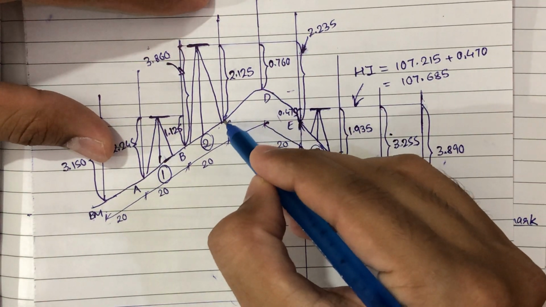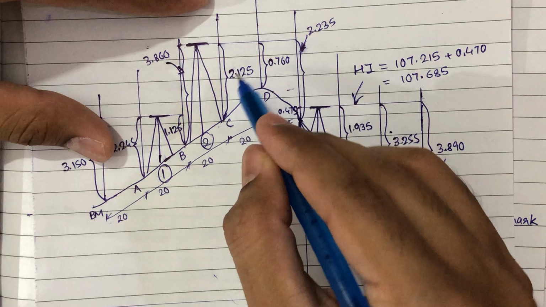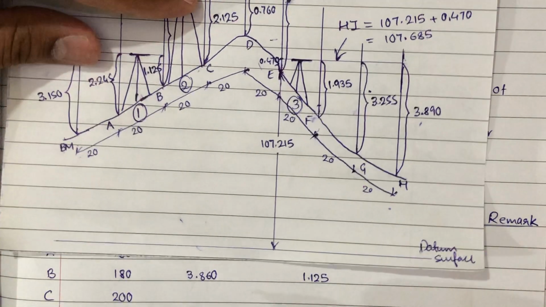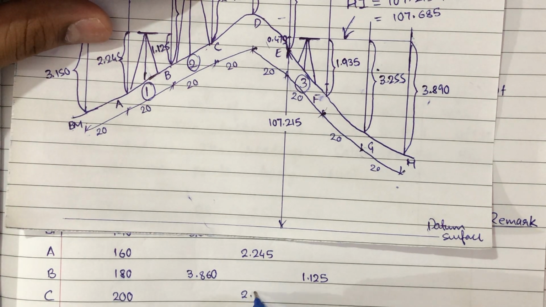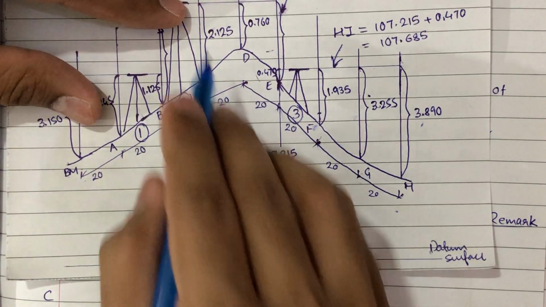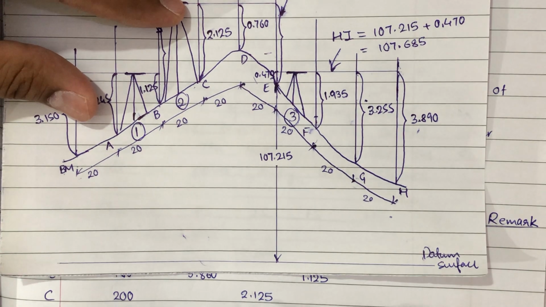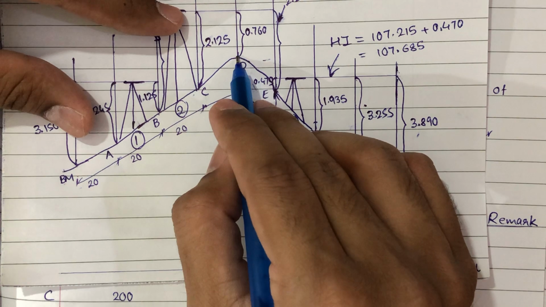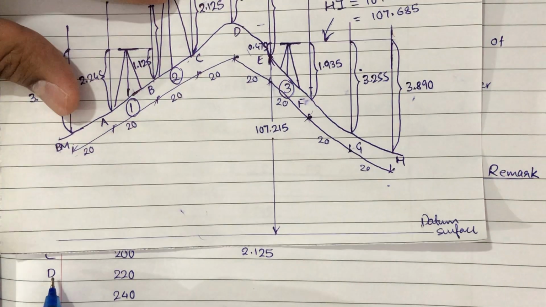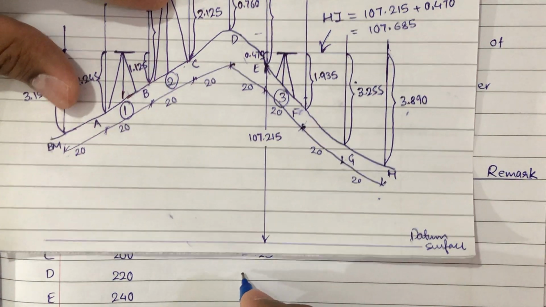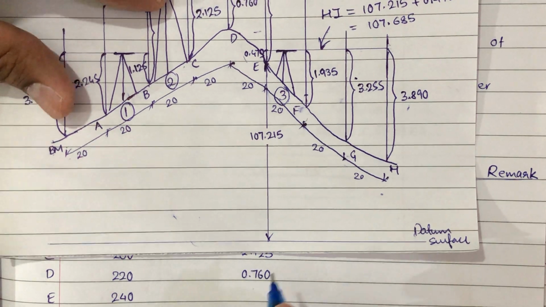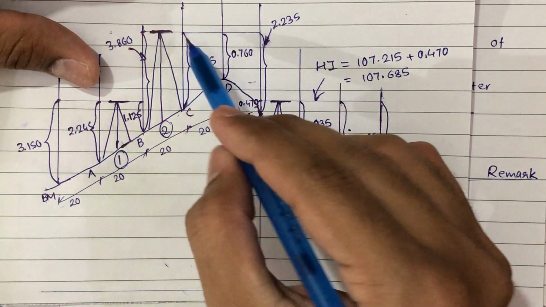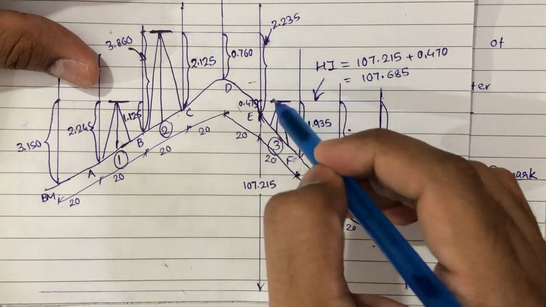Then this point C, it will be the intermediate sight. So this reading 2.125 will come over here. Next, this 0.760, again it will be the intermediate sight, and this is at point D. Then the last reading taken from this position is 2.235.